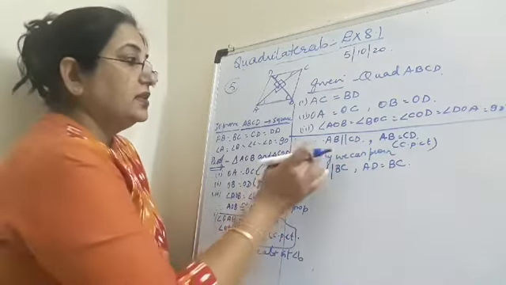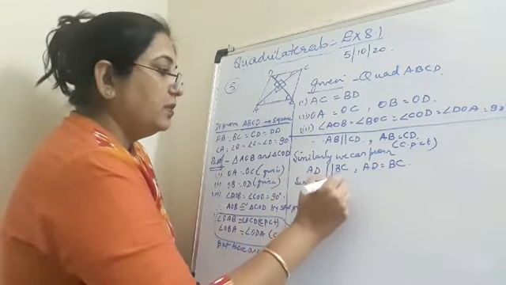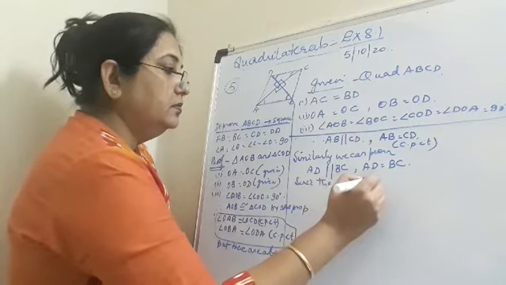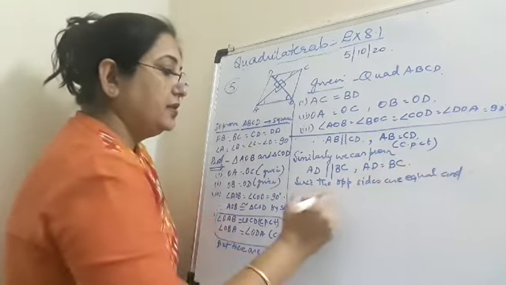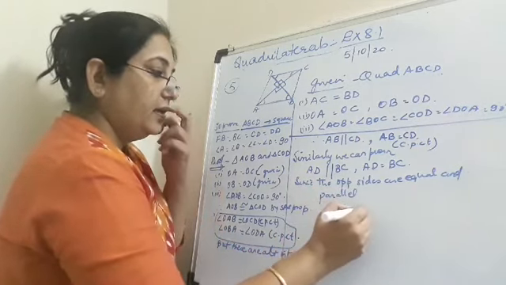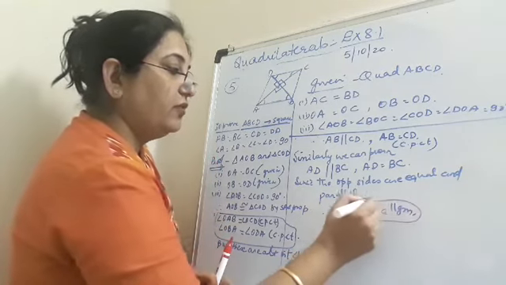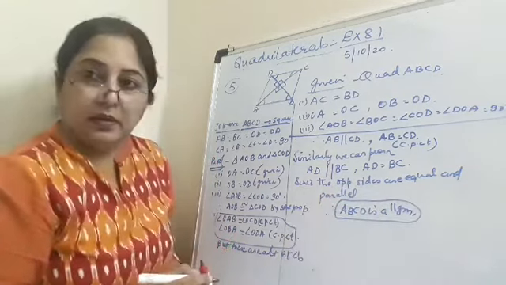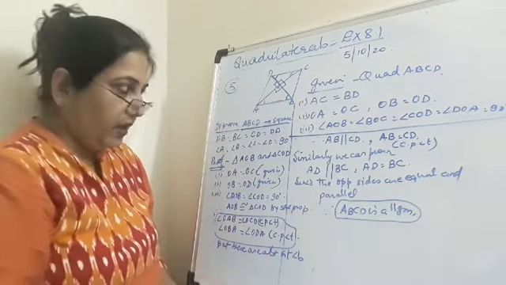Now since the opposite sides are equal and parallel, therefore ABCD is a parallelogram. Okay, as I told you, first we prove that ABCD is a parallelogram.